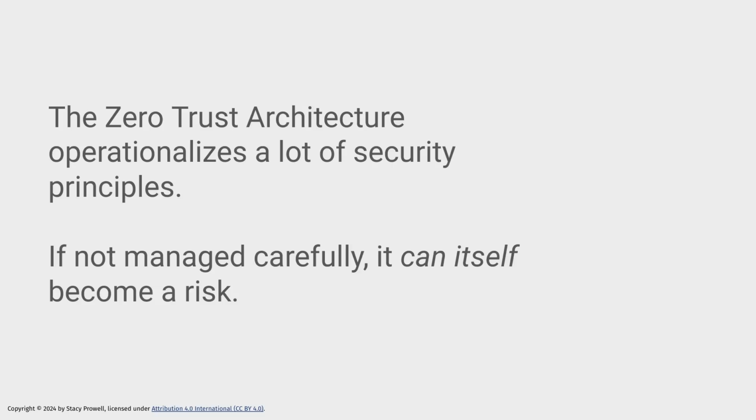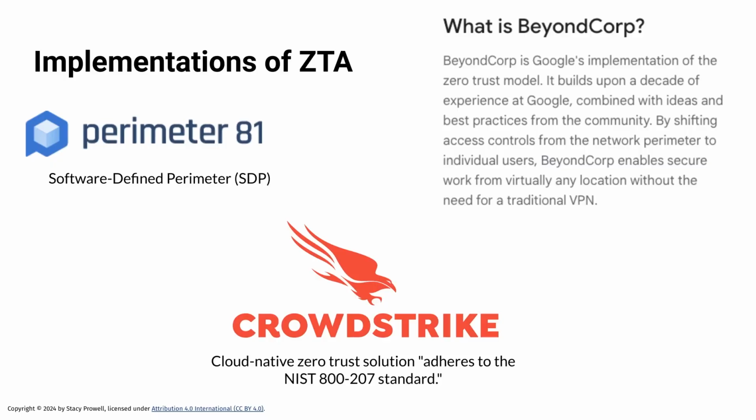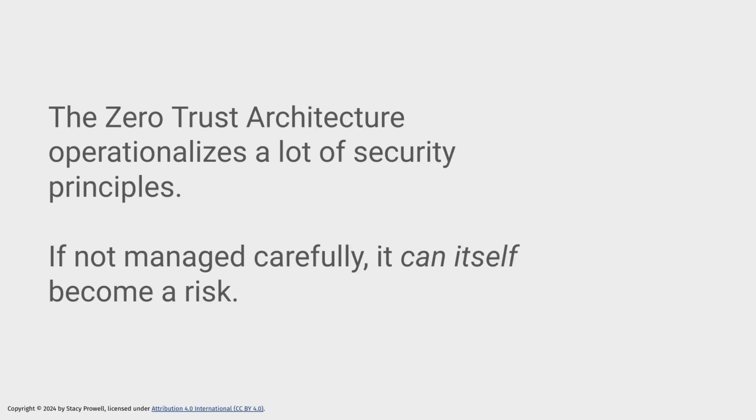So the zero trust architecture operationalizes, right? It puts into practice a lot of the security principles we've been talking about. But if it's not managed carefully, it can itself become a risk. How could that happen? I'll go back a slide and just mention CrowdStrike. Okay? You have to be aware that all of this stuff we talked about, this is additional stuff.